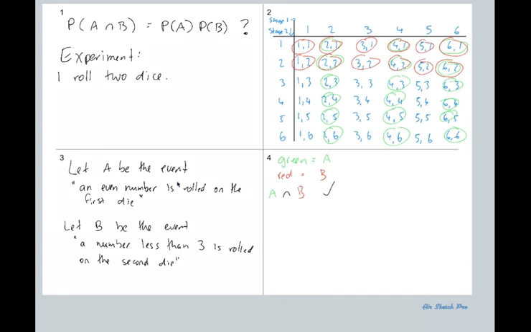Now, we know that the probability of A intersect B is matching outcomes as the numerator and all possible outcomes as the denominator. So the probability of A intersect B is equal to the number of matching outcomes for A intersect B over the number of all outcomes, which is that N bracket E thingy.